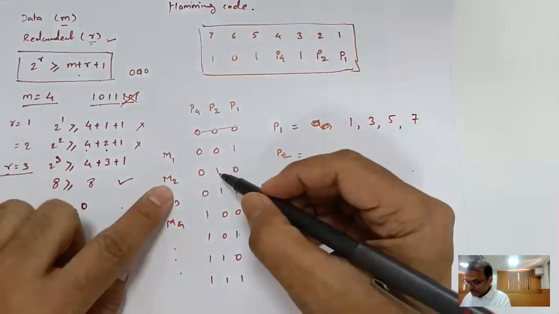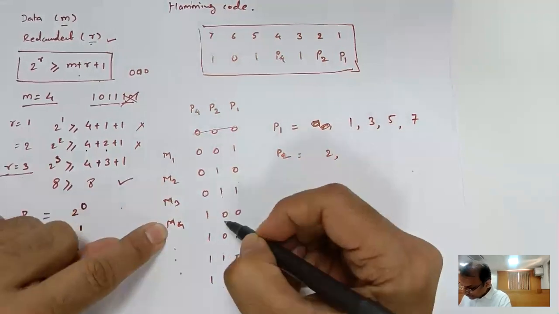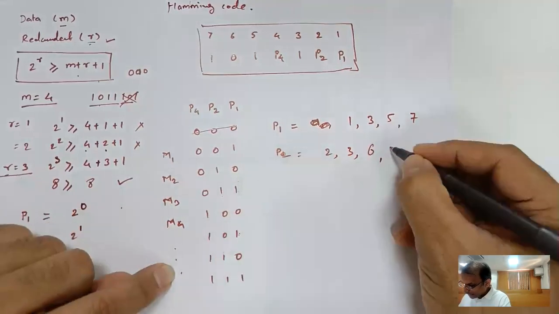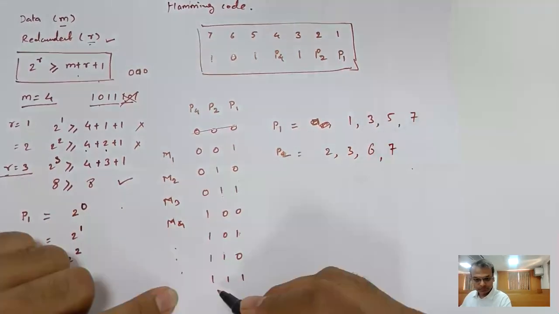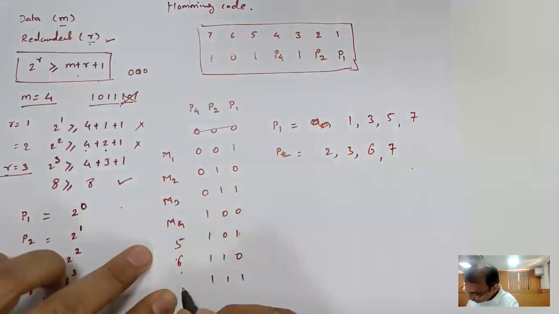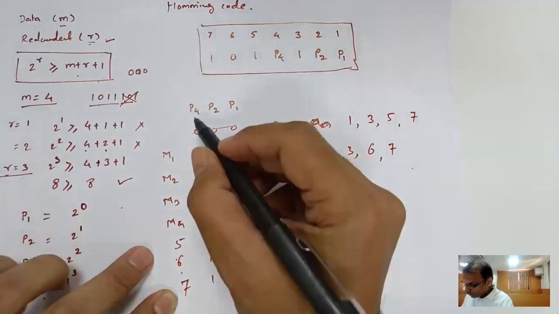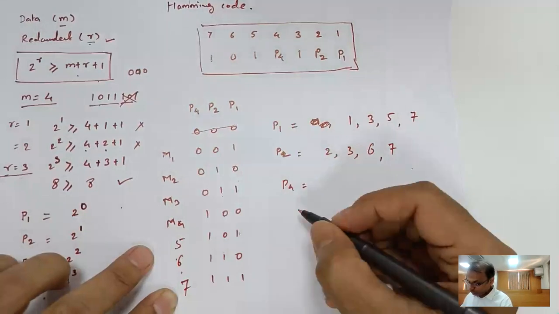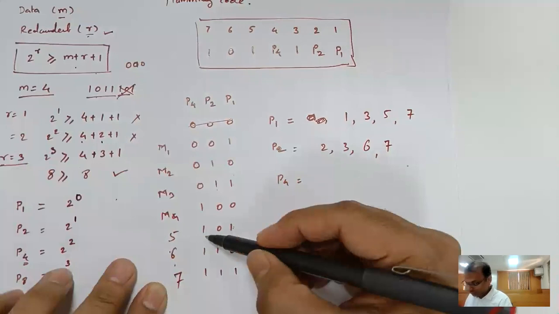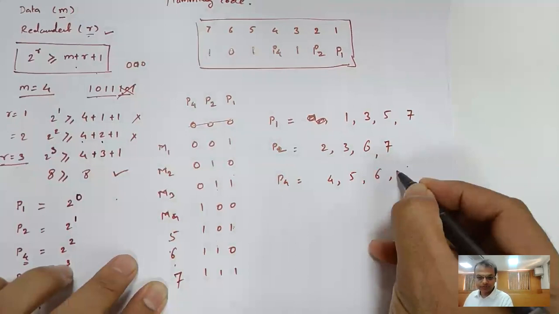P2 is 1 at 2, then 3, then 6 and 7. Is it correct? For P4, what are the positions where P4 is 1? That is 4, 5, 6, and 7.